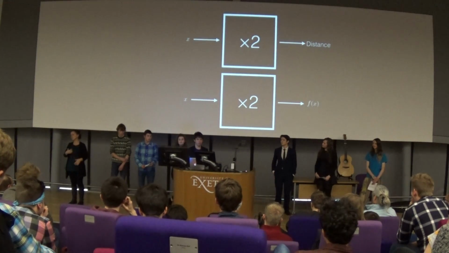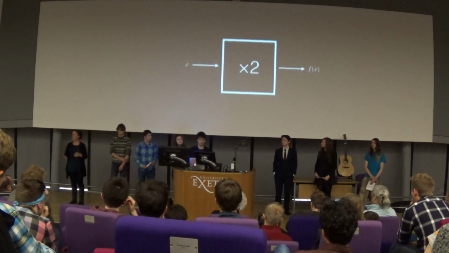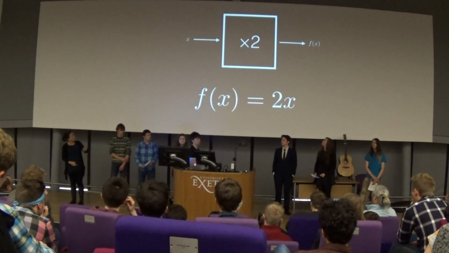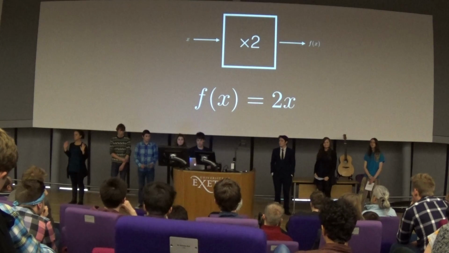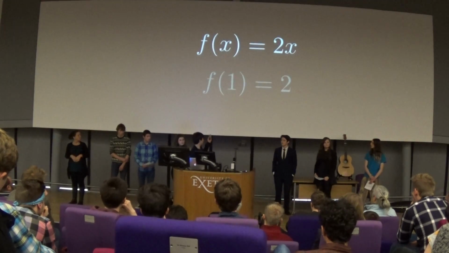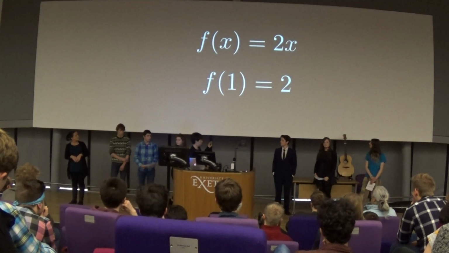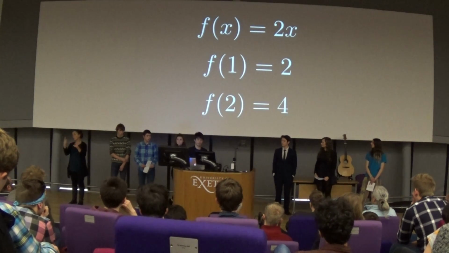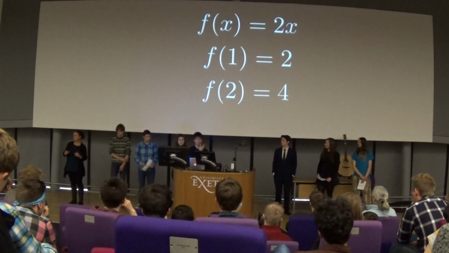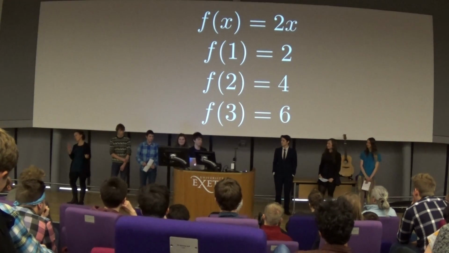So I can write it out in another way, like this. And this is what we call function notation. It's just a far easier way of displaying functions. So, since I've shown my function of x is 2x, when x is 1, I get 2. When x is 2, I get 4. You know where this is going.